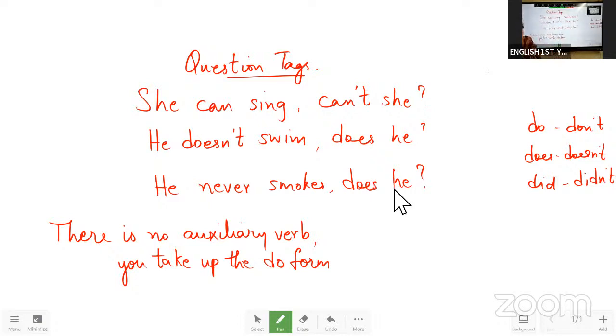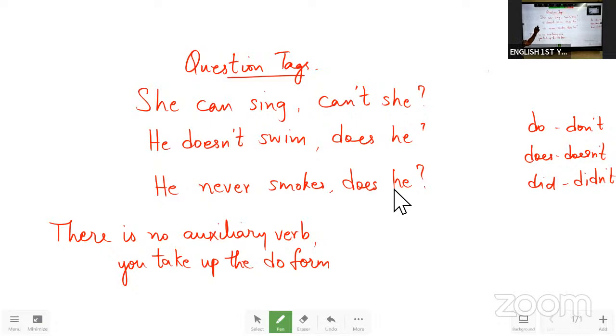So this is how you write question tags. Very, very easy. Remember, if it's positive, it is negative in the question tag. And when the sentence is negative, you write positive.